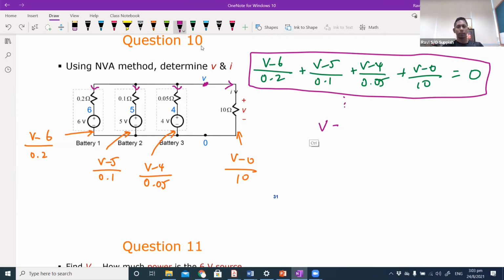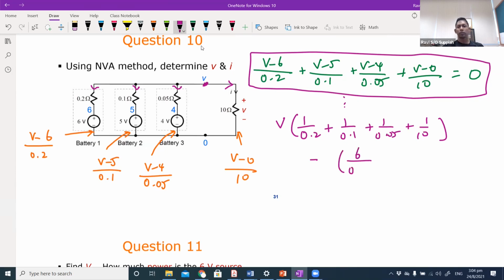Usually you can solve by factorizing out V first, in terms of the fractional part here. So V times 1 over 0.2 plus 0.1 plus 0.05 minus the constant terms equals 0, and then you solve the rest.